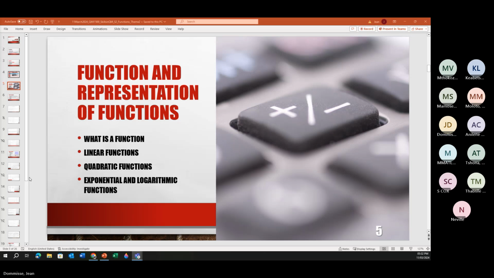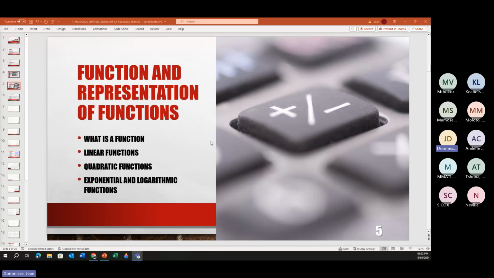Okay, so we're looking at functions tonight. Merely looking at what a function is. Then we're going to look at linear functions. A linear function is basically a straight line function, but we'll get to that.